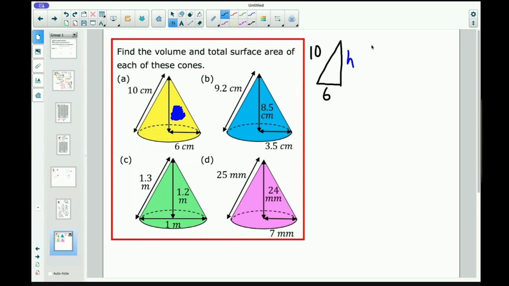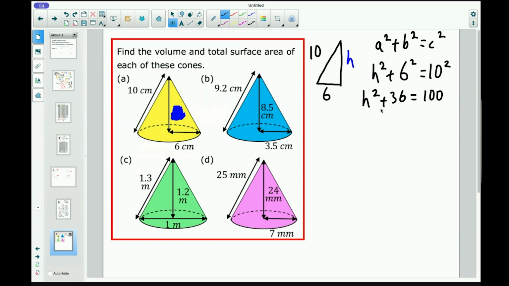So for us, we've got a squared plus b squared is equal to c squared. And we know that c squared, again, is going to be our hypotenuse squared, which is, in this case, going to be 10 squared. So we have h squared plus 6 squared is equal to 10 squared. And we'll get h squared plus 36 is equal to 100.